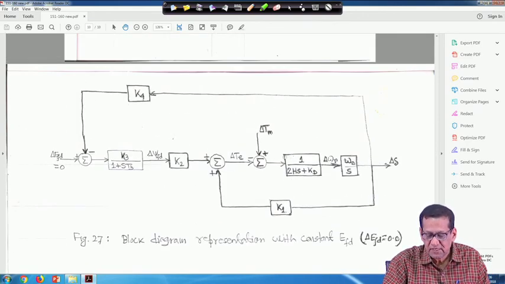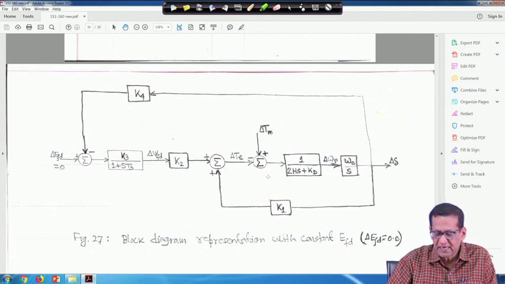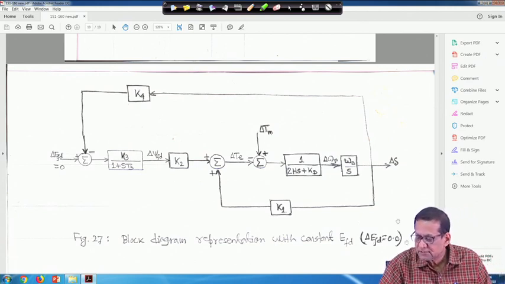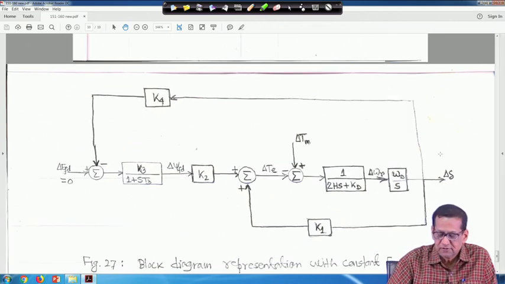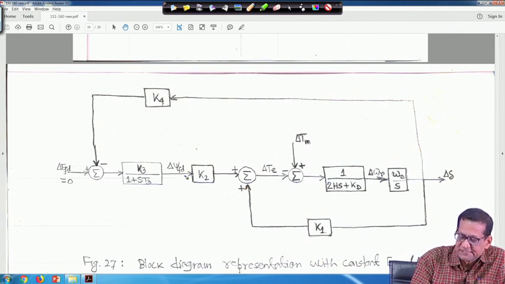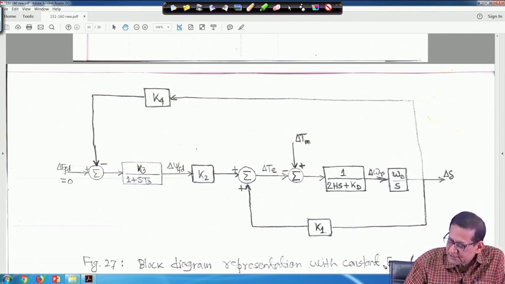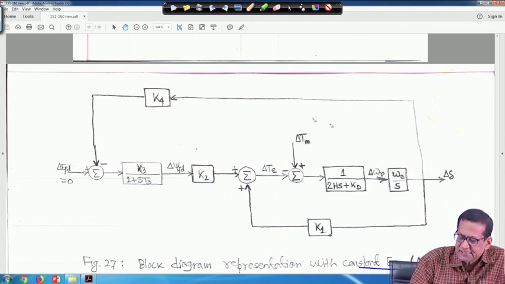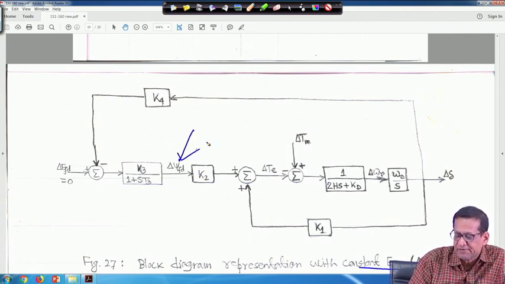Here, if you look at the change in delta T term only because of this delta psi fd, delta Efd is 0 because it is constant, this is your constant Efd. So, it will be minus k4 delta delta, then k2 k3, due to delta psi fd.